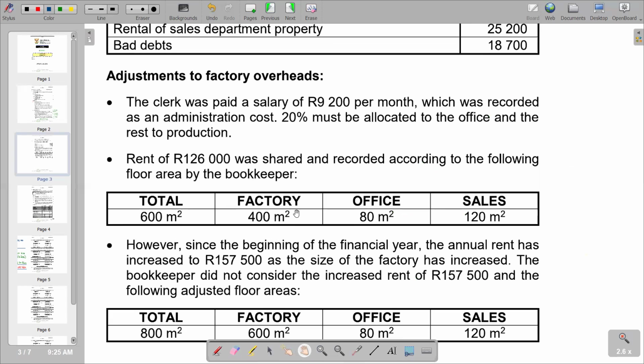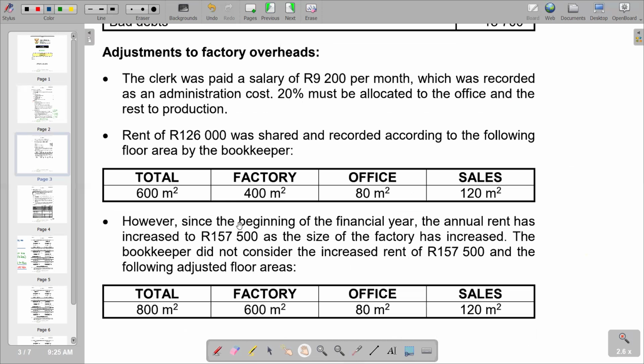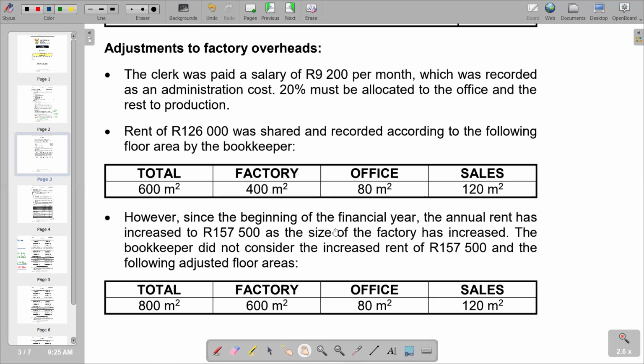The one that we need is for the factory, whereby we're going to say 400 over total 600 times 126,000. Then, however, since the beginning of the financial year, the annual rent has increased to 157,500 rands as the size of the factory is increased. The bookkeeper did not consider the increased rent of 157,500 rands and the following adjusted floor areas.